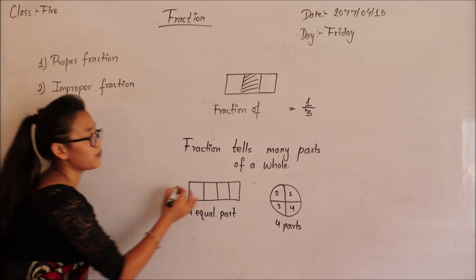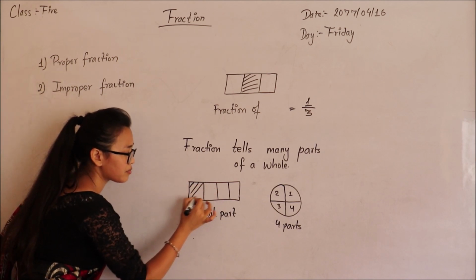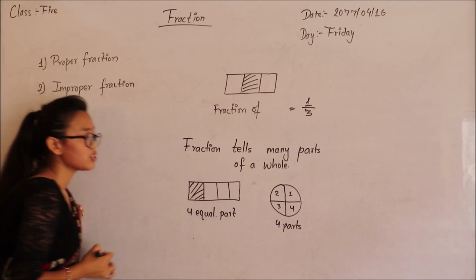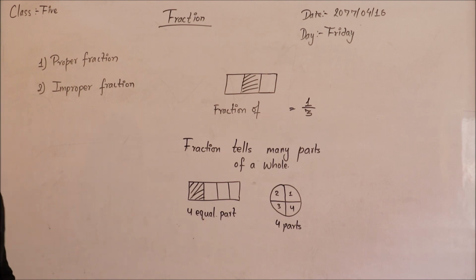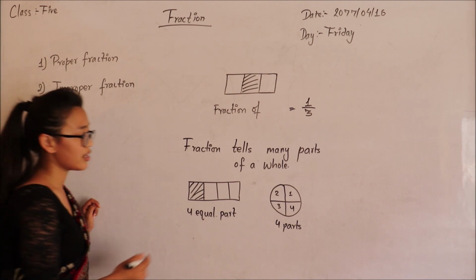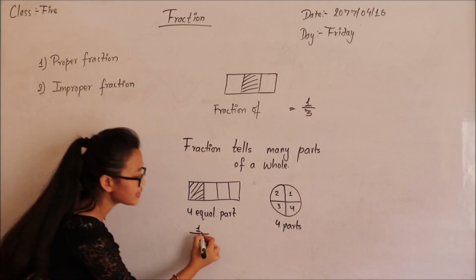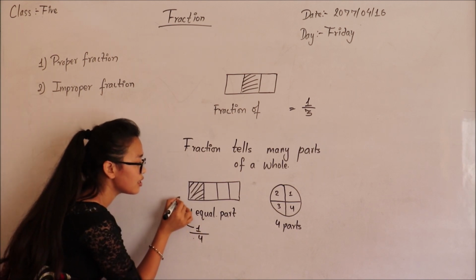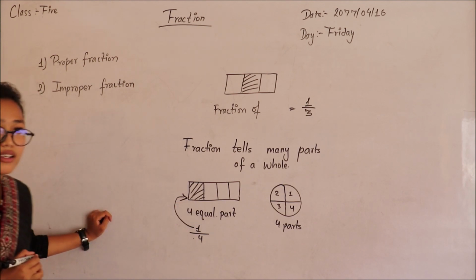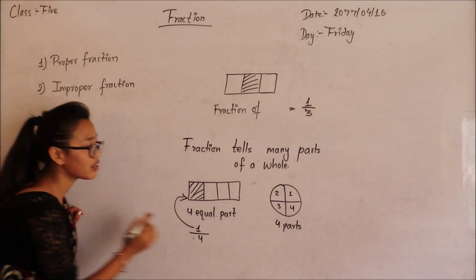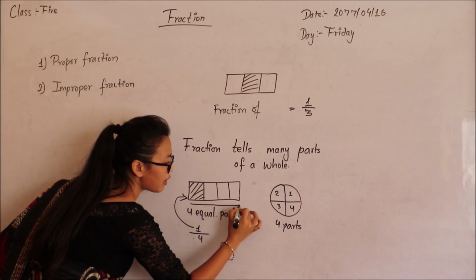So if you need only one part of the fraction, then what you will write is 1 out of 4. What is this one? How did it come here? Because one part is what you needed. Why did we write here 4? Because there are 4 equal parts.